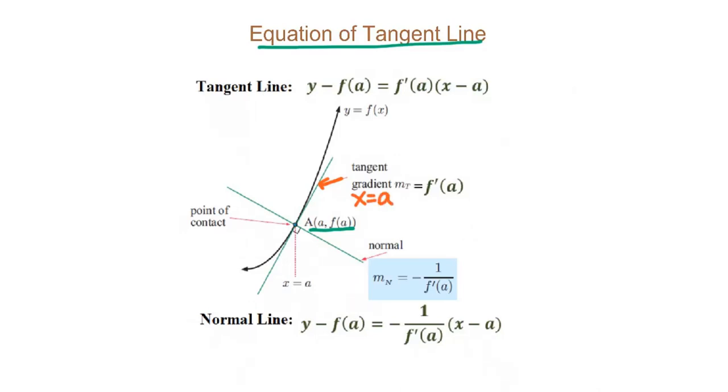As we know, the derivative is the gradient of a tangent line. That's why the slope of the tangent line equals f prime of a.